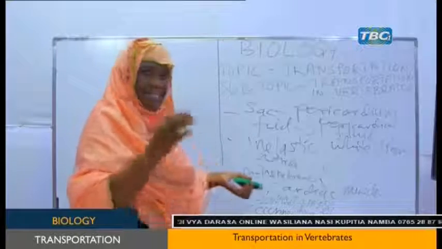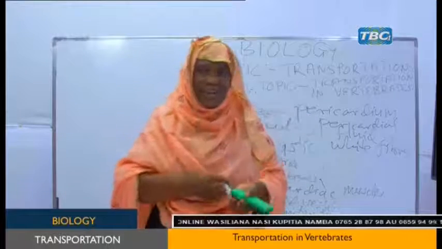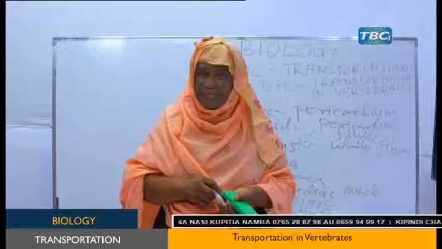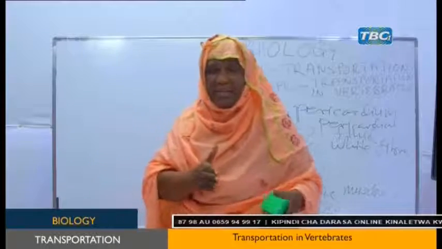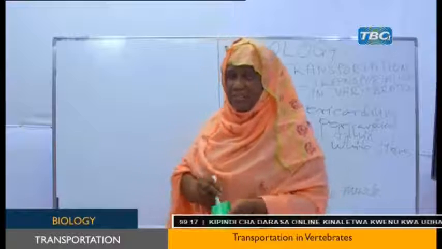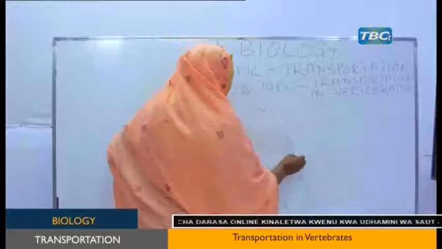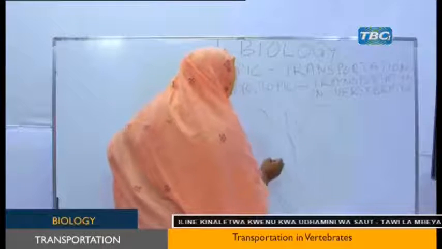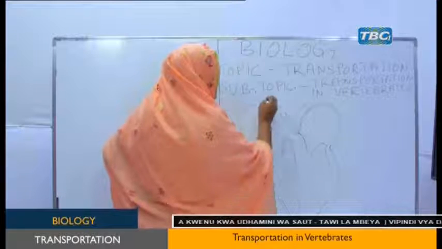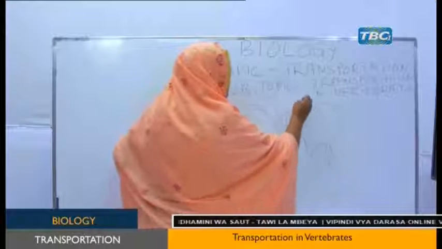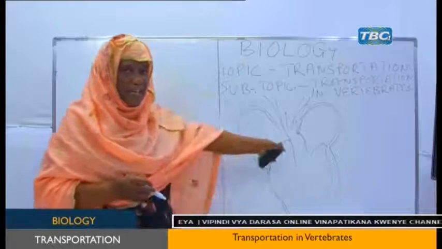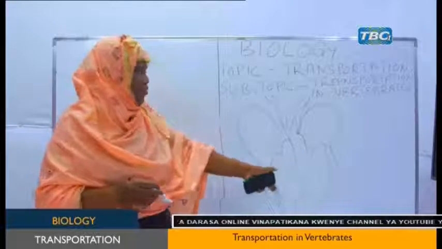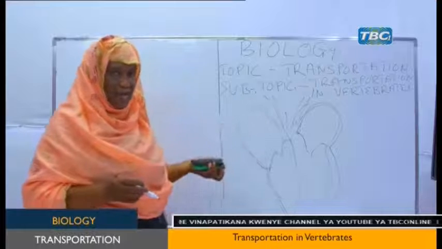And let us now go directly to the heart itself. I think you remember the structure of the heart. Okay, it simply looks like the rough diagram which has been drawn there.